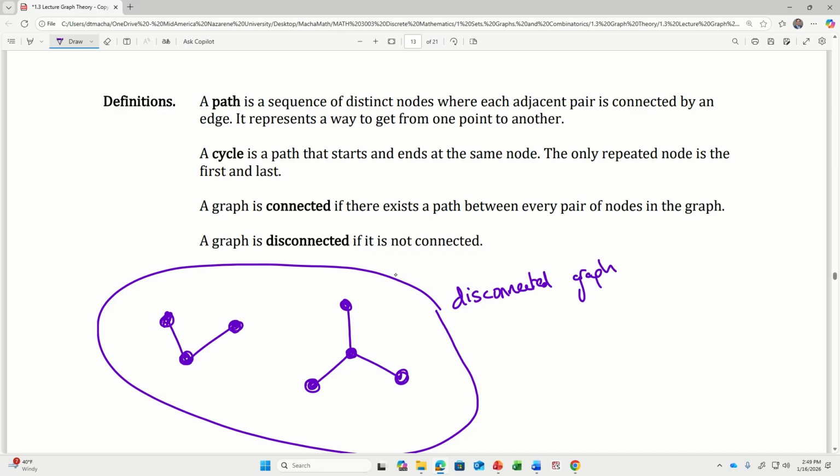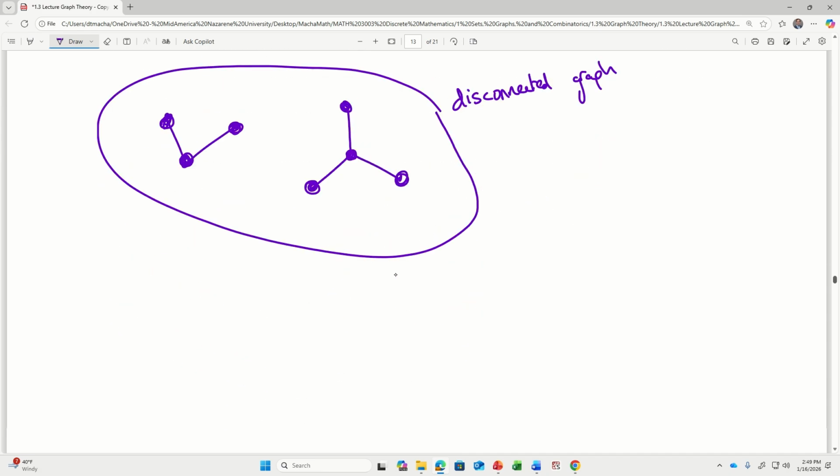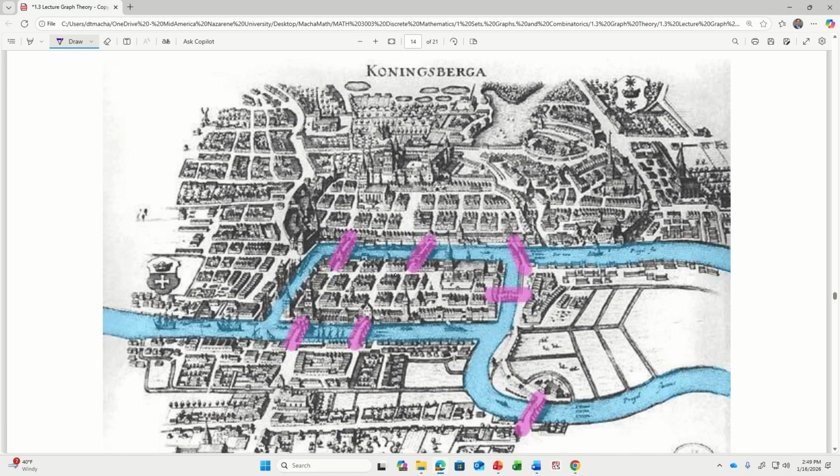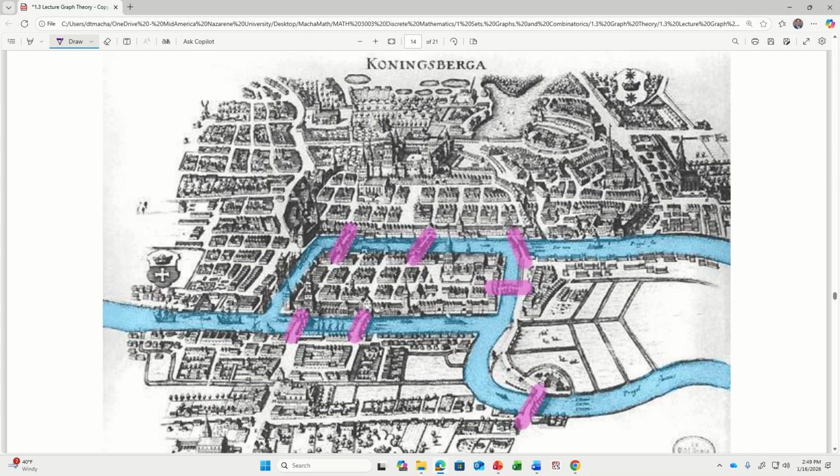I'm not really sure what the applicability is, or when does it make sense to talk about disconnected graphs, because if it's not connected, is it really the same object? I don't know. I'm definitely not an expert in every field, so maybe this does have some application. But as far as I know, most useful graphs are connected.